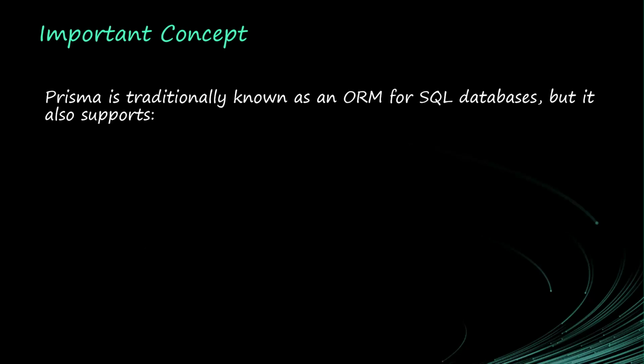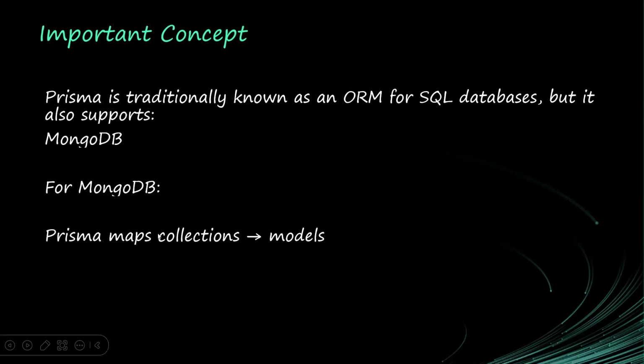But remember, we are working with MongoDB, and it also supports MongoDB. For MongoDB, Prisma maps collections to models. Remember, MongoDB uses collections, so Prisma maps collections to models, documents to objects. And then now let us go into the main thing here.